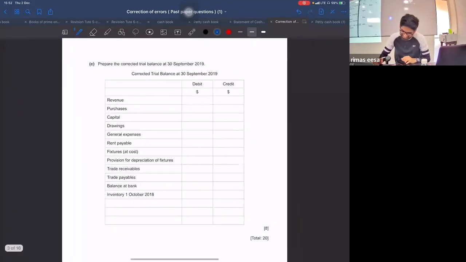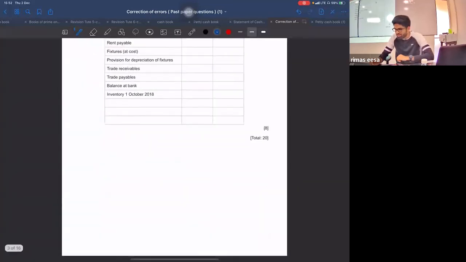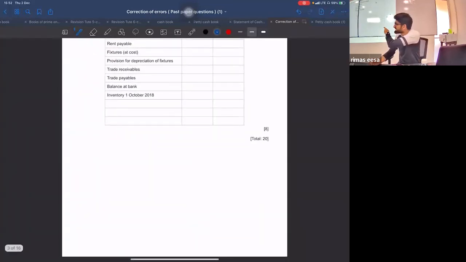Right. C part of the requirement. These are very, very interesting requirements. Prepare the corrected trial balance at 30th September 2019. A corrected trial balance. Before you do a trial balance, there is some empty space left here.